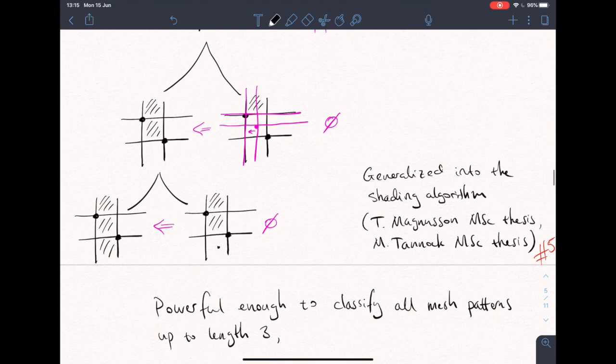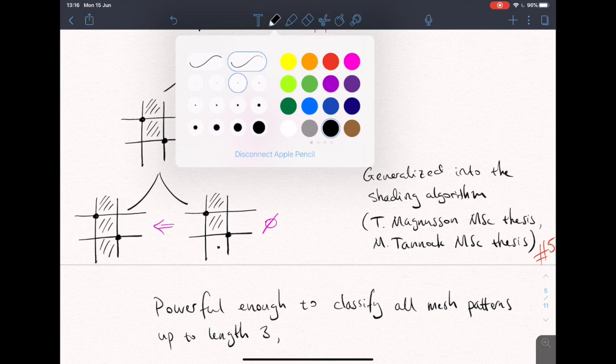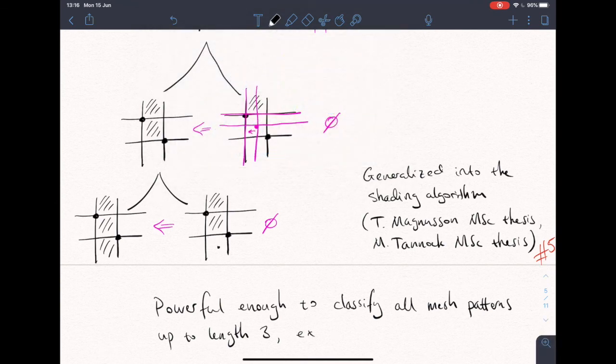Now, this shading algorithm, it's powerful enough to classify all mesh patterns of length 3, so tell you which ones imply the other, except for a single pair of mesh patterns which we had to do by hand. And I can tell you more about them sometime in the future, but it was both amusing and annoying that the algorithm could do everything in length 3 for us except a single special case.